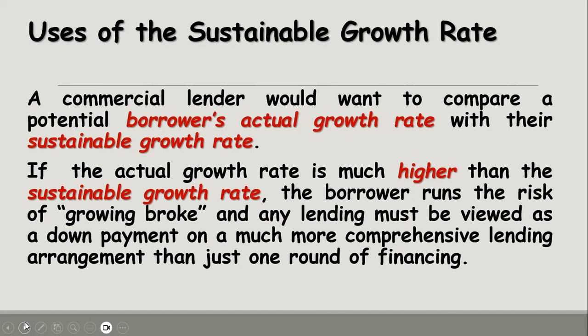If we can have clarity on what the proportion should be between the actual growth rate and the sustainable growth rate: if the actual rate is higher, there is a risk. If there is an optimal relation between the actual growth rate and the sustainable growth rate, the risk level will automatically reduce.